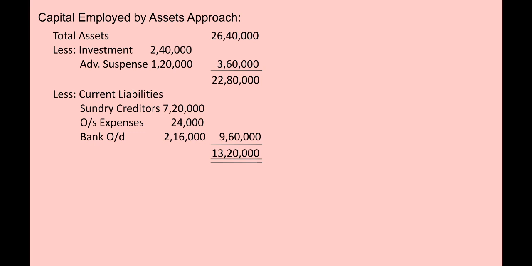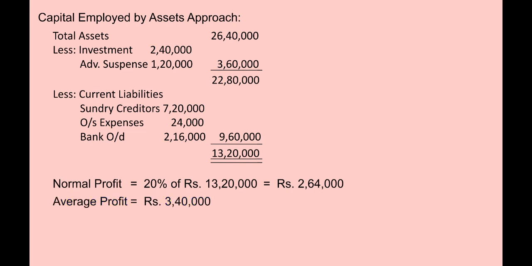So now we will calculate if this 13,20,000 is given to a normal firm or a normal person, how much he would have earned. So normal profit is equal to 20% of 13,20,000, which is rupees 2,64,000. But the average profit earned by us is rupees 3,40,000.